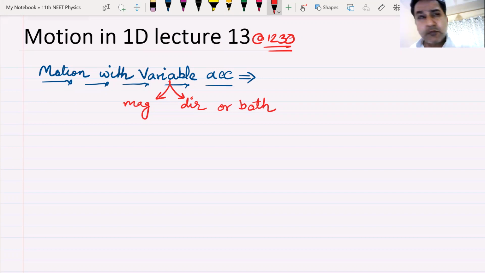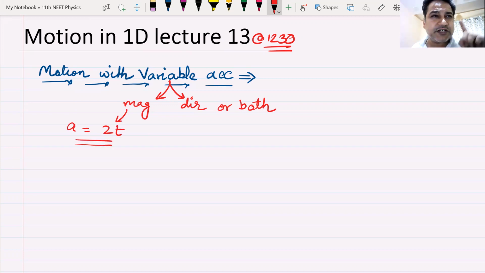Now, how will I explain this? What will be an example for this? How can acceleration change in magnitude? So I'll just give you an example. To change acceleration in magnitude, I can write acceleration as 2t, where t stands for time.